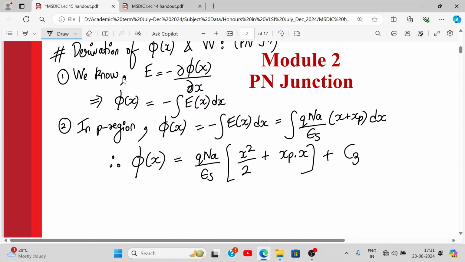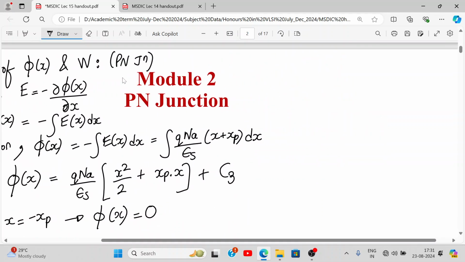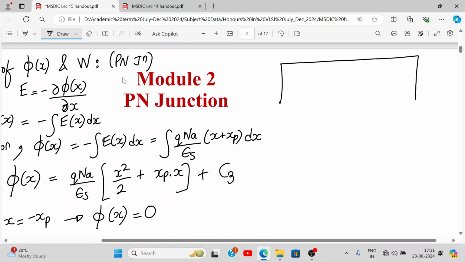Now, can I say that at x equal to minus xp, my potential is 0? Why? Because the electric field is not there. See, what we are saying is, this is my PN junction. This is x equal to 0.